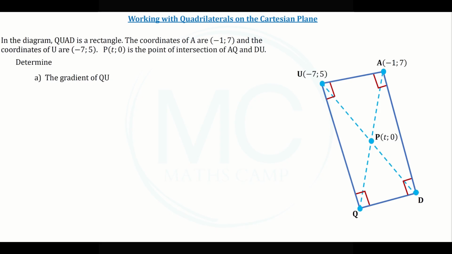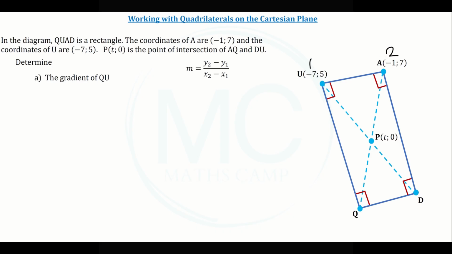We have the coordinates of point A and of point U. So let's find the gradient of AU, and we can use the gradient formula. Let's say that U is our first point and A is our second.